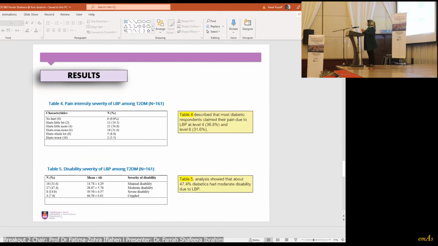The next slide, Table 4, describes the pain intensity, where most of the diabetic respondents claim their pain is at the moderate level, between 4 and 6. The final one, Table 5, shows that 47.4% of them had a moderate disability due to low back pain.